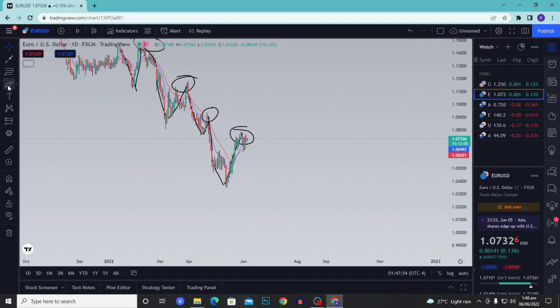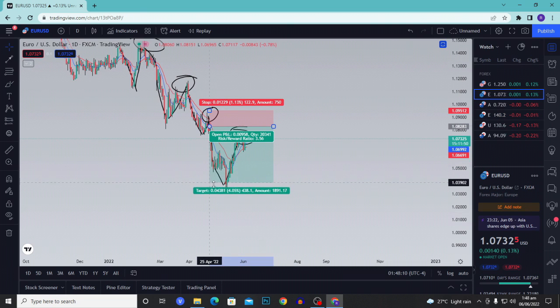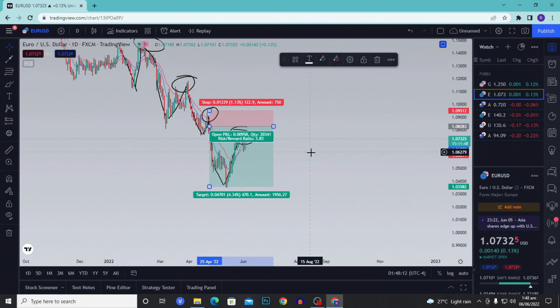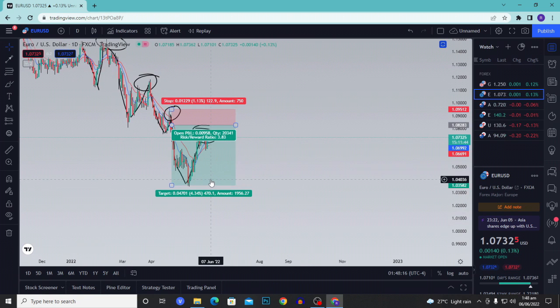And let's say we didn't catch these two and we took the third one. So we entered here with our stop loss right above the peak and our take profit right before the next retracement. This would have been a 1-to-3.83 risk to reward ratio.